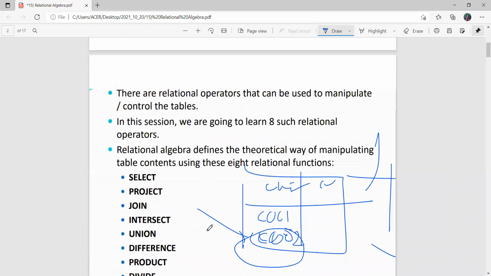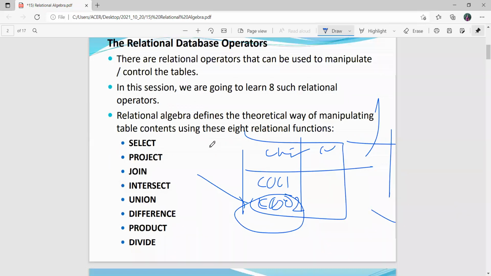So at that time we can use some relational algebra to manipulate and control the table's content. These are the main 8 operators available in a relational database: select, project, join, intersect, union, difference, product, and divide.